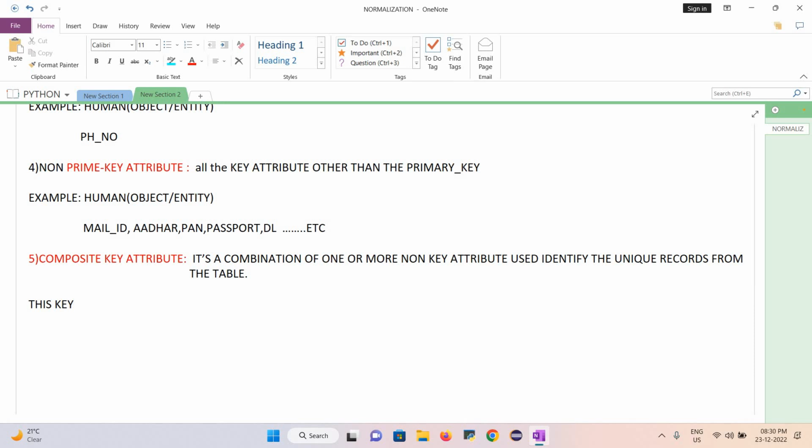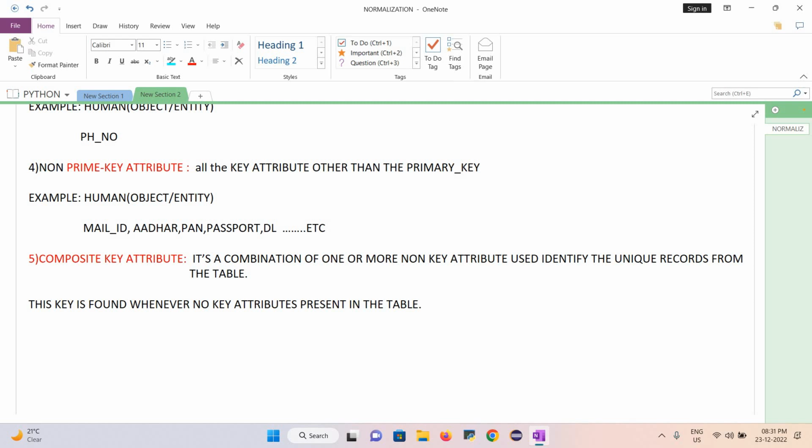This composite key is actually found whenever no key attributes are present in the table; we consider it a composite key.